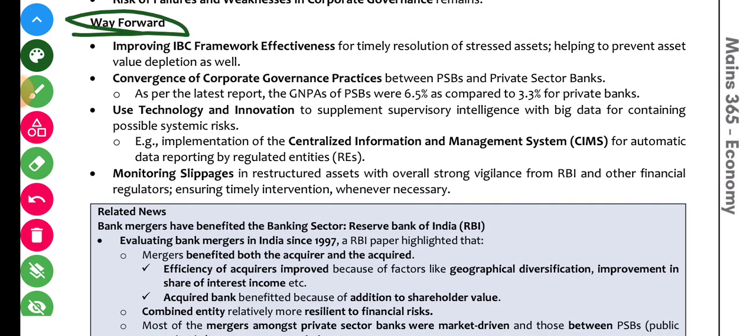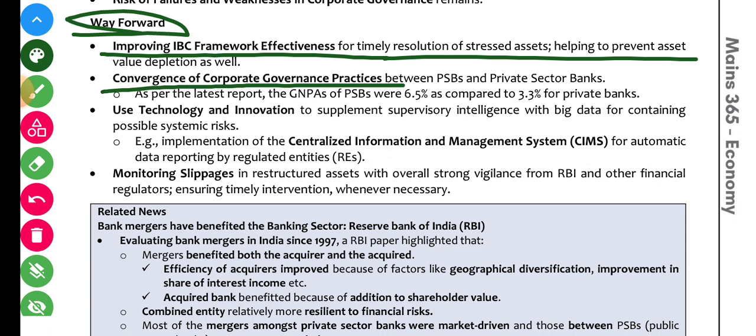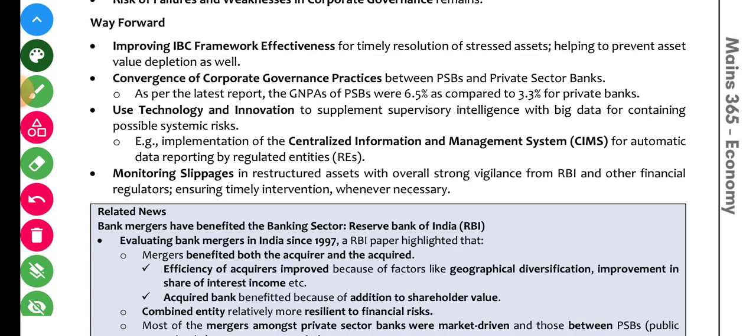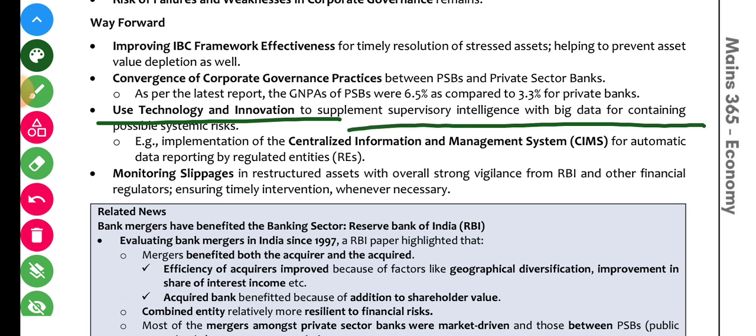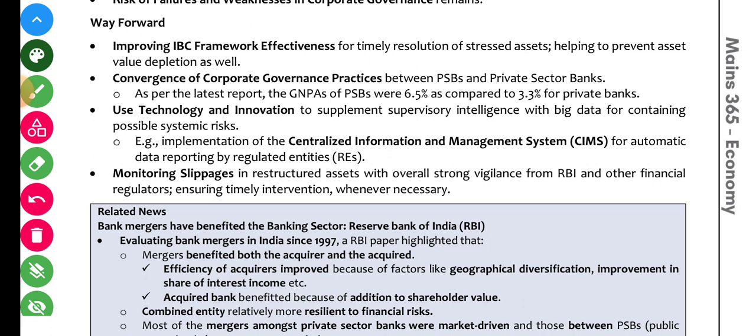Way forward: improving the Insolvency and Bankruptcy Code framework effectiveness for timely resolution of stressed assets. Convergence of corporate governance practices. As per the latest report, gross non-performing assets of public sector banks were 6.5% as compared to 3.5% of private banks. Use technology and innovation to supplement supervisory intelligence with big data for containing possible systemic risk.